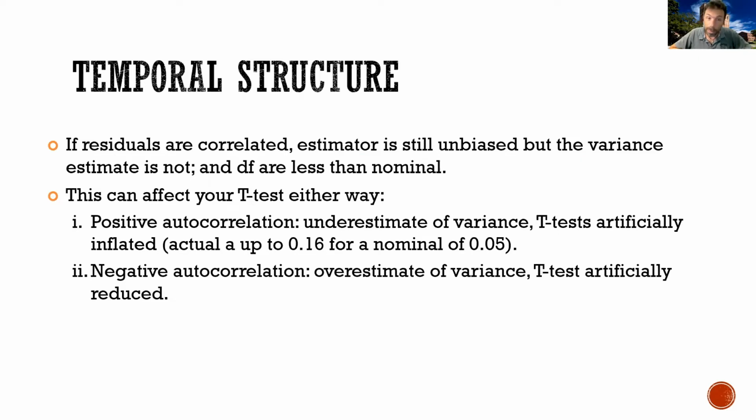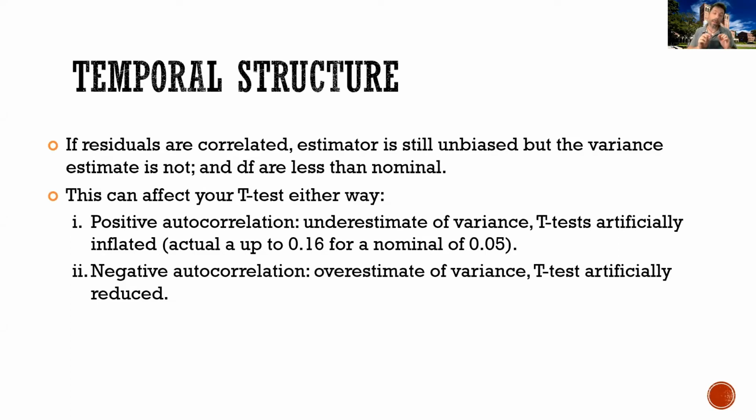Now that means that your t-tests will be artificially much larger than they should be. And in fact, for a nominal 0.05 test, you could actually be at 0.16. You get the exact opposite if you have negative autocorrelation.